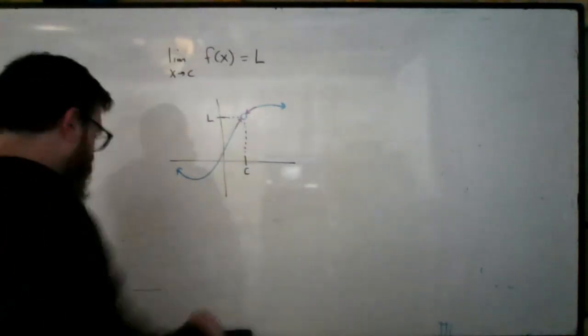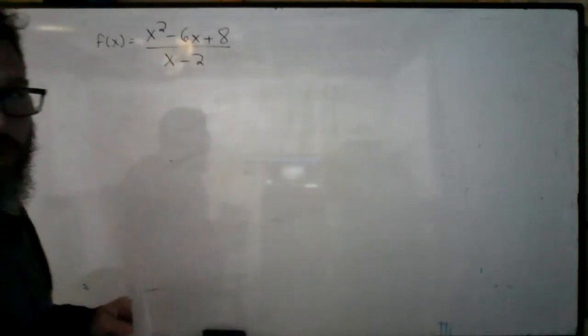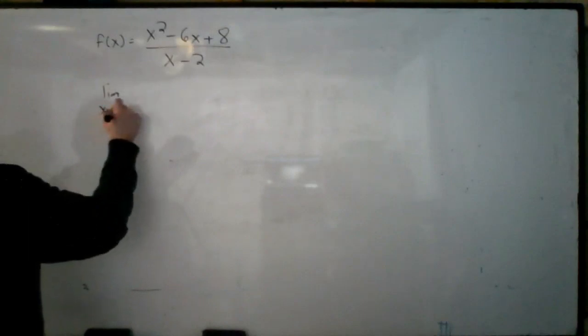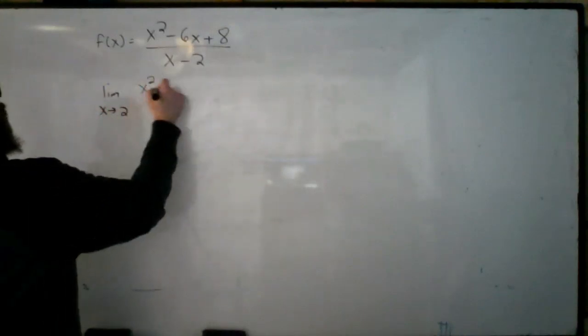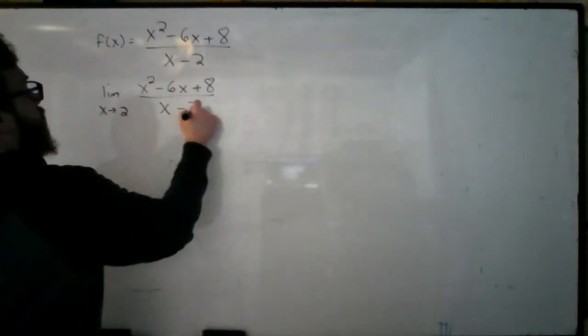So the question is how we do this algebraically. F of x is equal to x squared minus 6x plus 8, all divided by x minus 2. So what I want to do is take the limit of this thing as x approaches 2. So what is the limit as x approaches 2 of x squared minus 6x plus 8, all over x minus 2?